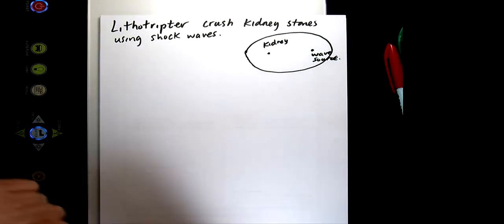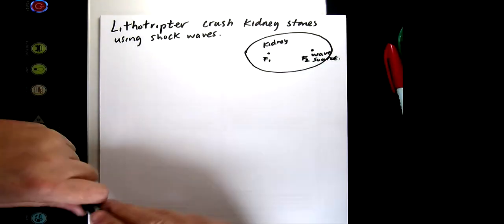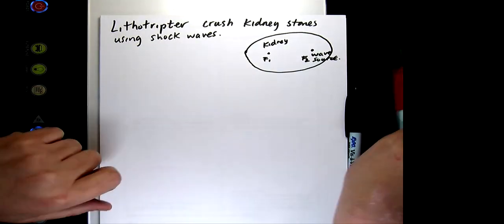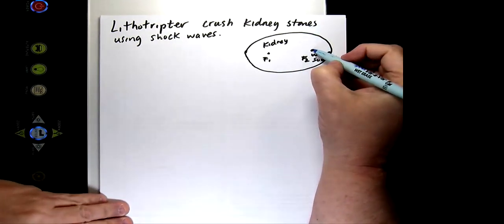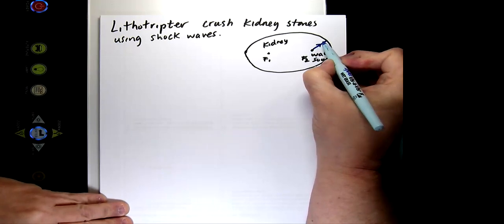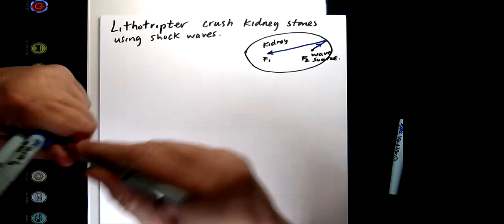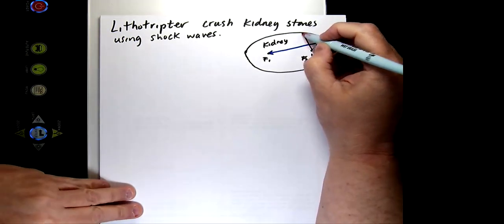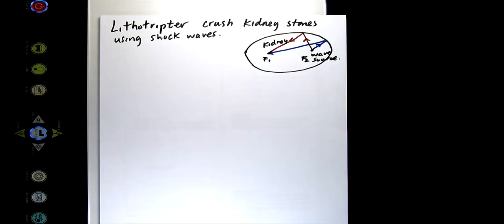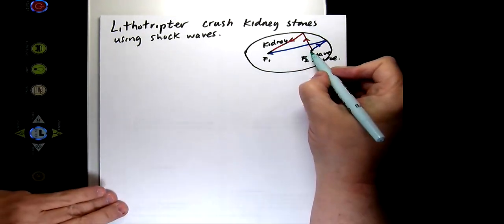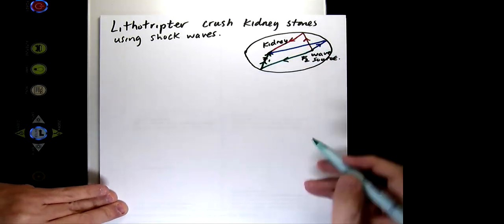So this is like F1 and F2. And a fun, interesting fact with ellipses is the reflective property inside of it. No matter which direction the shock wave emanates from, because it's sending out a pulse in all directions, they all converge on the kidney stone.